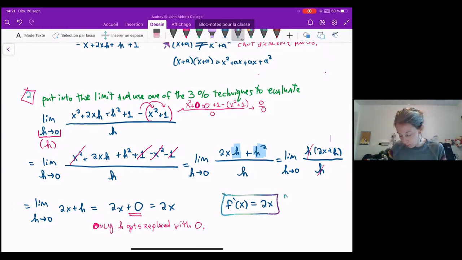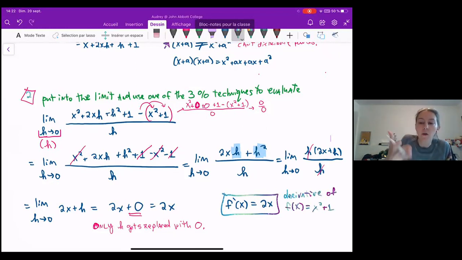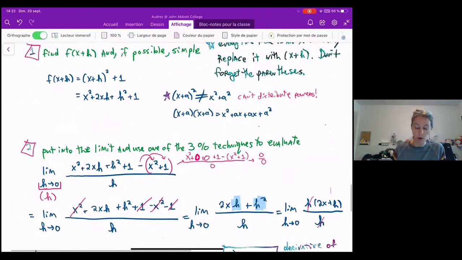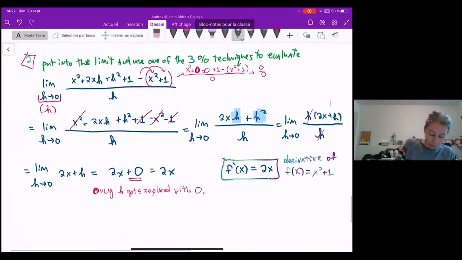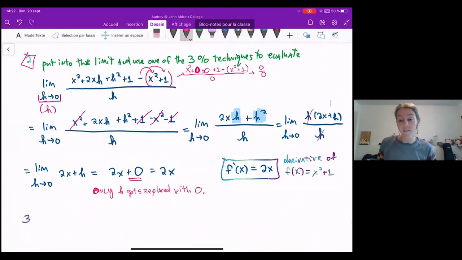So this is the derivative of f of x is equal to x squared plus 1. So this is a function that for whatever x value I plug in, it's going to give me the slope at that x value. So this particular question said at x equals 2. So our third step, only after we've calculated, we will plug in the given value if a value is given.